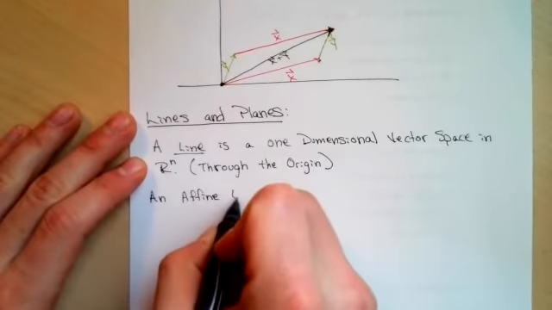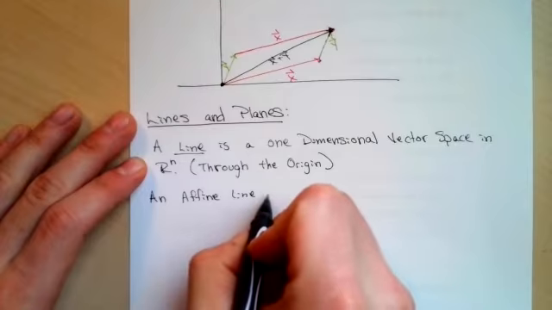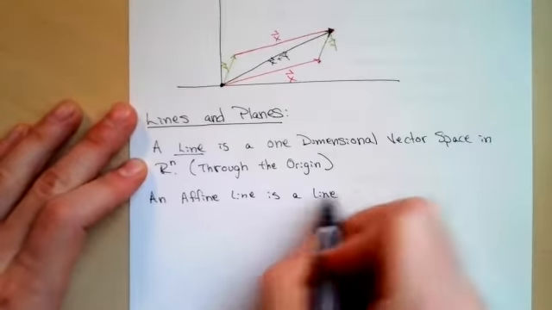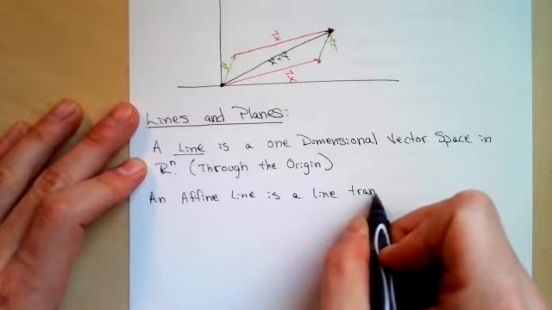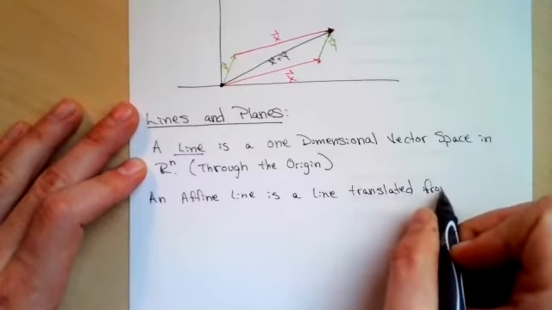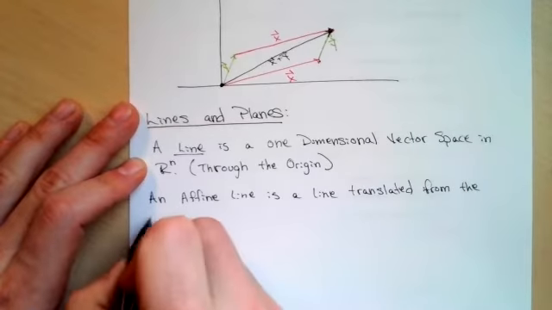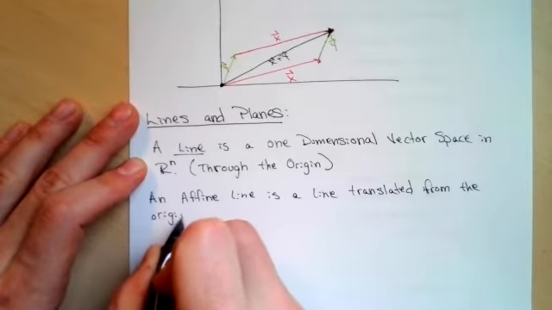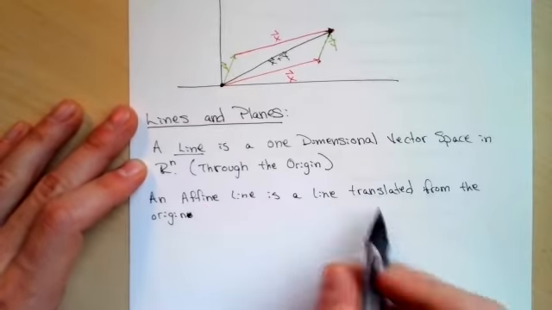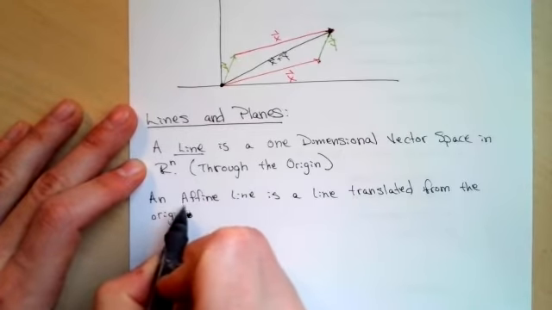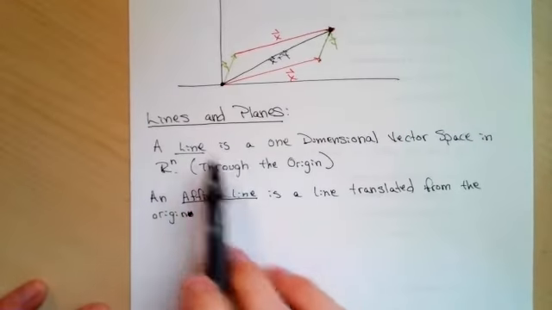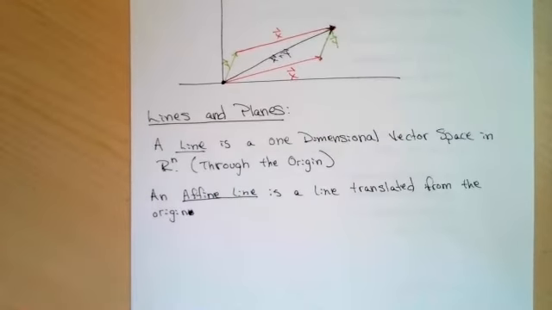So an affine line is a line translated from the origin. From this class, the words line and affine line, we can essentially mold into one.